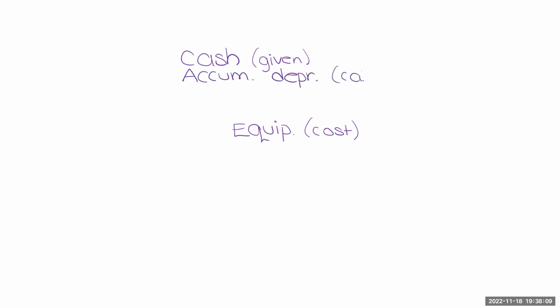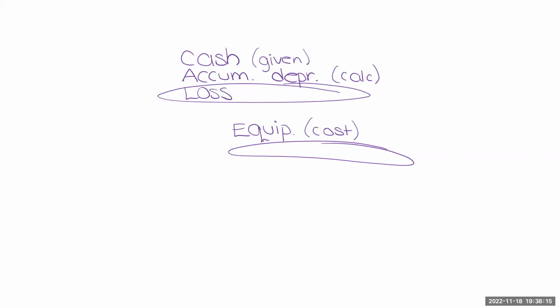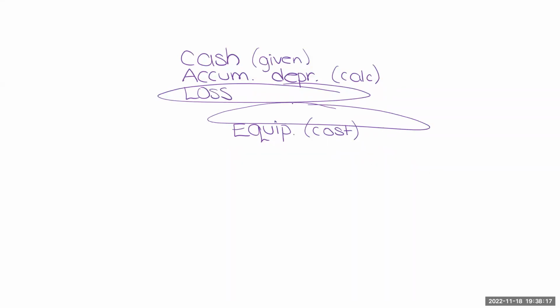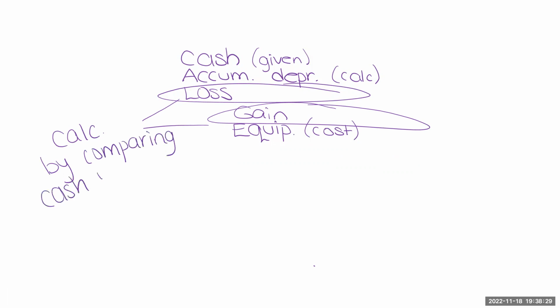You have to calculate that. And of course, whether you have a loss or a gain, you're going to have to calculate by comparing the cash received to the asset's book value. Okay.